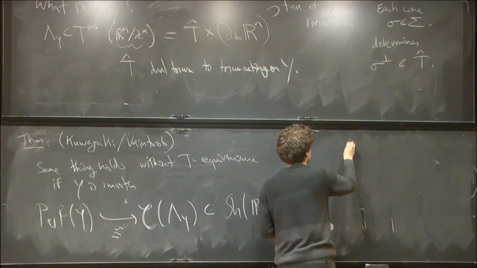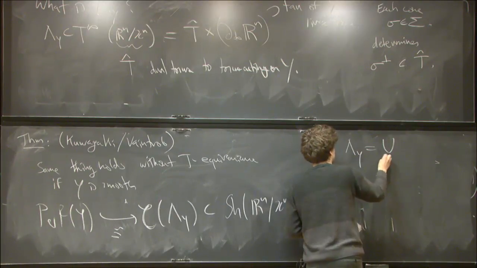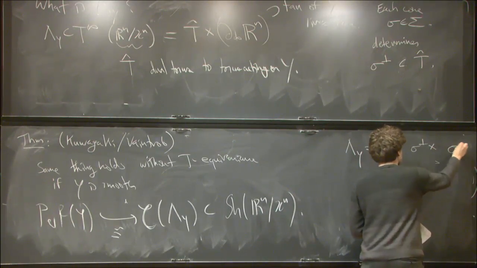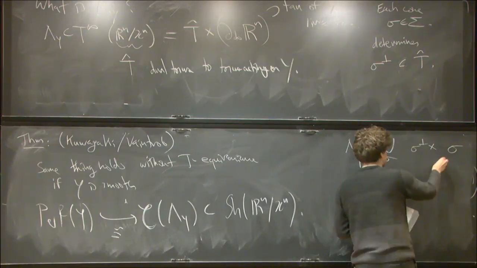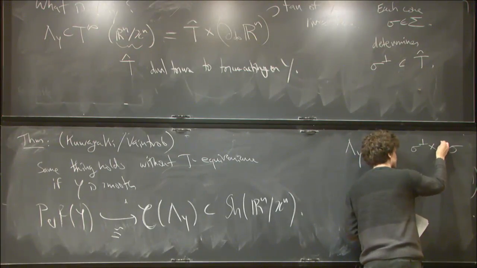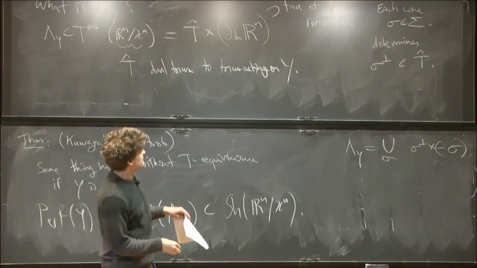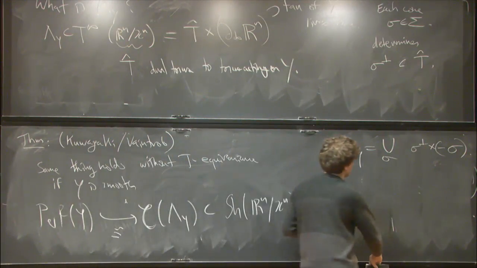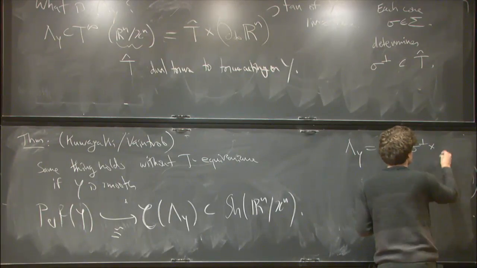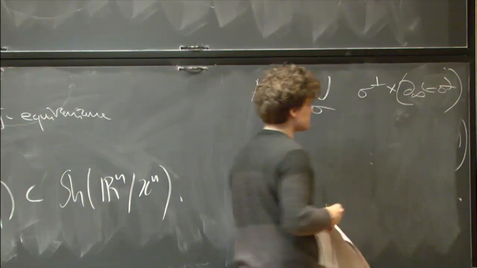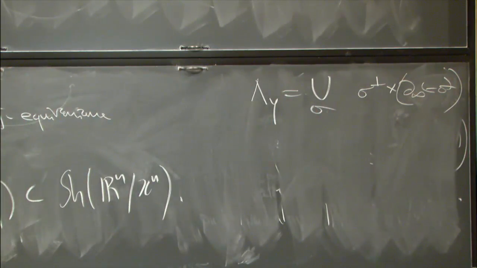And lambda y is the union over all these cones of sigma perp times sigma. I think it works out under our conventions to be minus sigma. And I'm looking at the cosphere bundle instead of the cotangent bundle, so it's the boundary of that cone sigma.